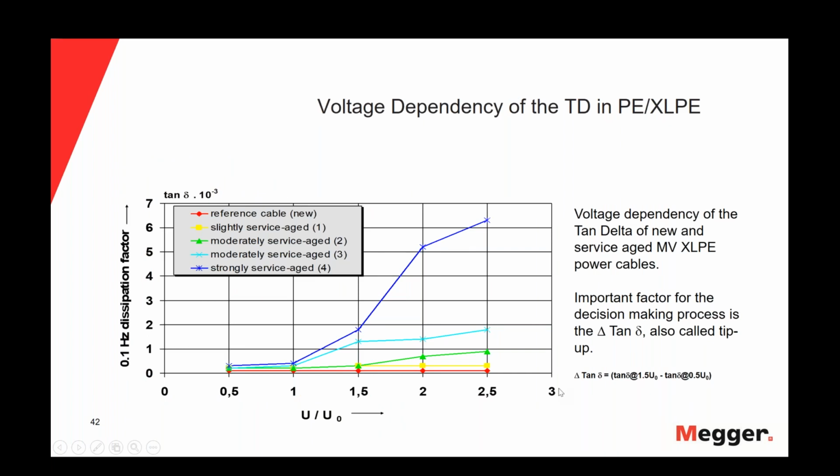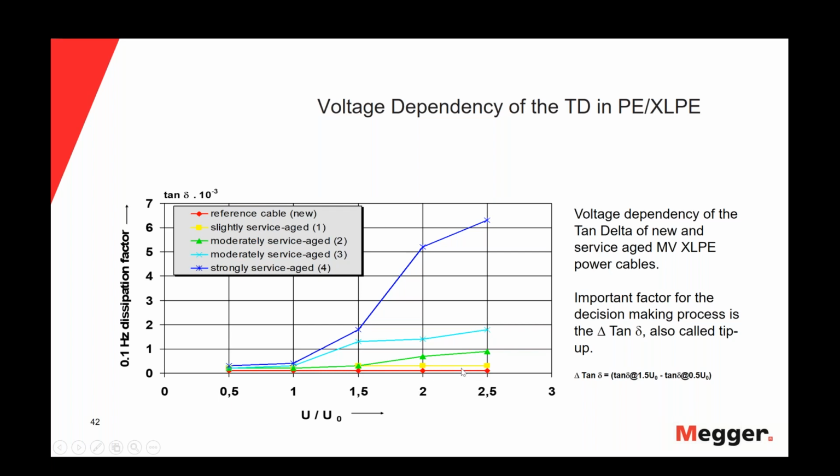Talking about the voltage dependency of the tan delta in PE and XLPE cables, we have this graph that shows very clearly that, for a reference cable, a new cable, or a slightly service-aged cable, we have the red graph and the yellow one, and you can see that both graphs are pretty much flat lines.